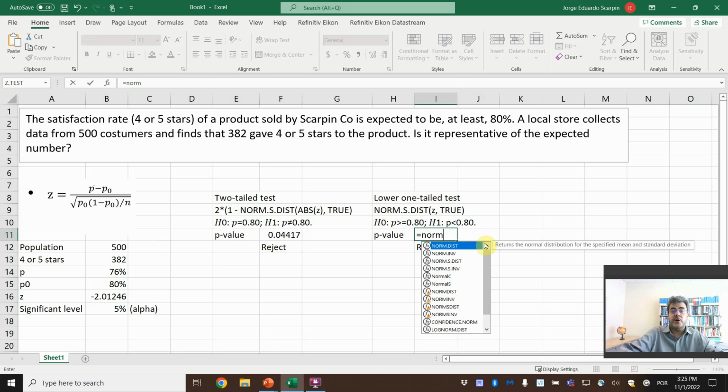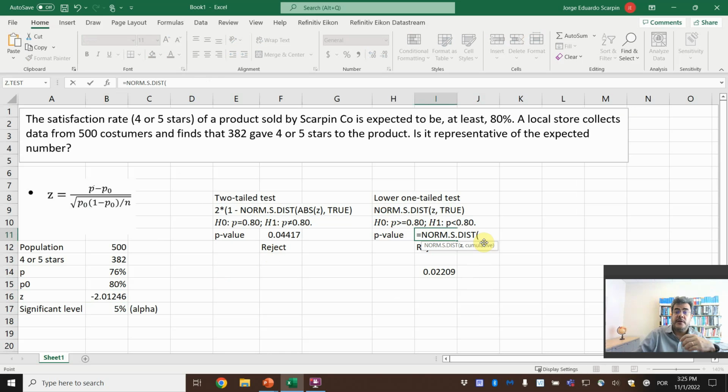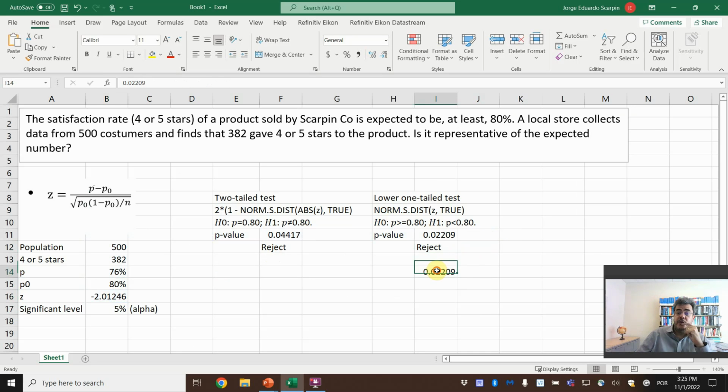Equal NORM.S.DIST of z, negative 2, and TRUE. 0.02. So yes, we reject it easily, because here we are looking only for the lower level. So yes, we reject this null hypothesis that it is equal or greater, and so it is definitely lower than 80.